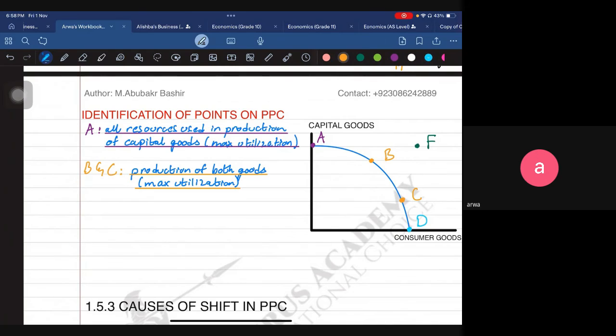Now we come to the point B. In this one, all resources are used in production of consumer goods. Yes, in production of consumer goods.